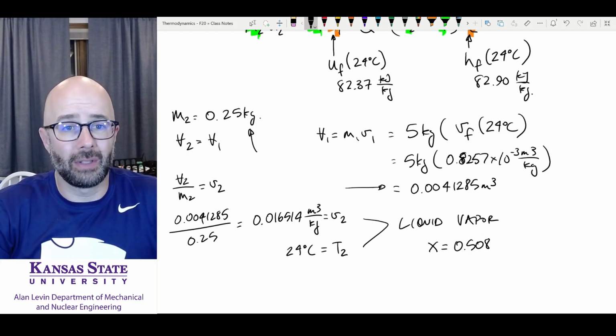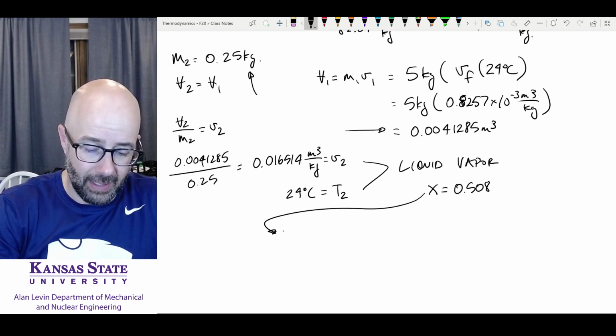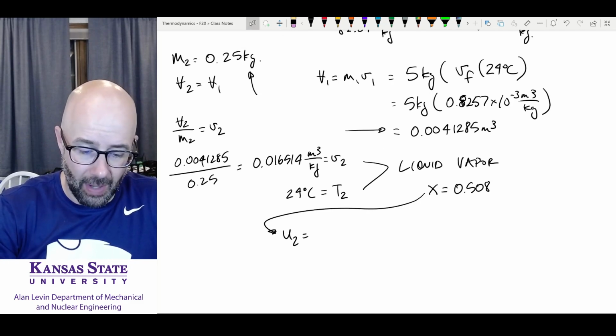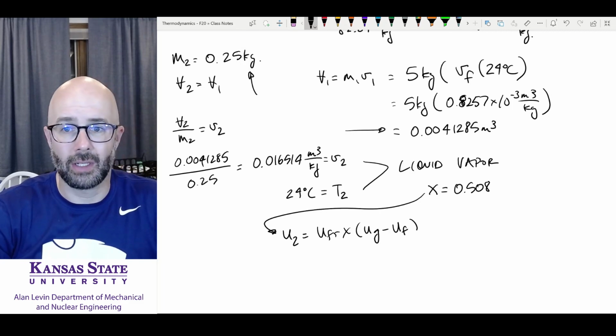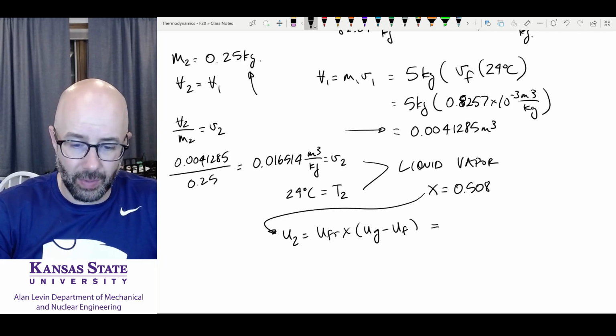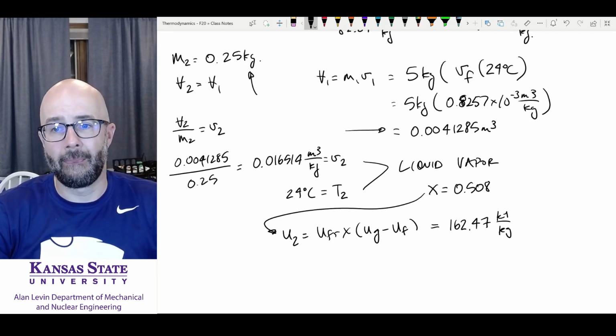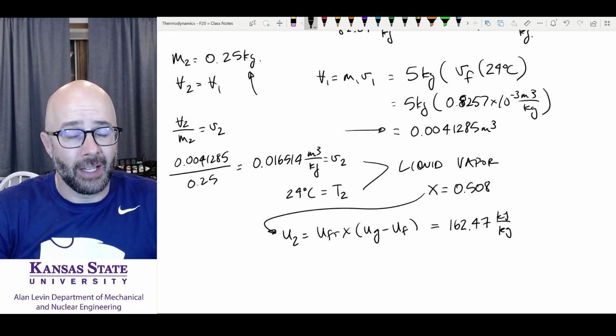Using that quality X, I can find U2 by using the UF plus X times UG minus UF equation. And that gives me that my internal energy at 2 is going to be 162.47 kilojoules per kilogram. Okay, and that's my missing unknown.